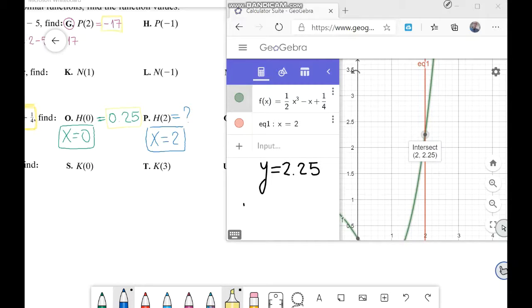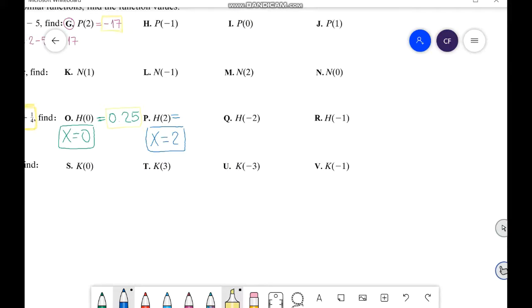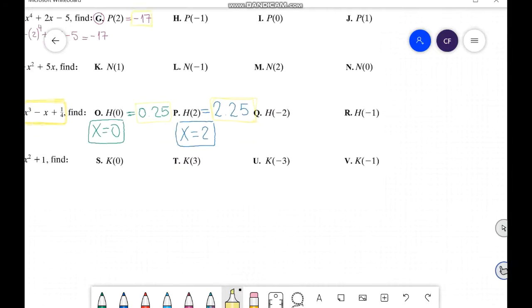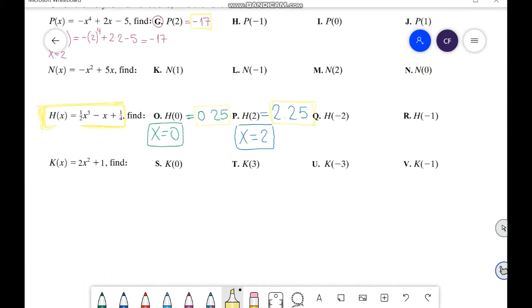That means h of 2 equals 2.25. So the answer here is 2.25 for letter P. Okay, more questions.